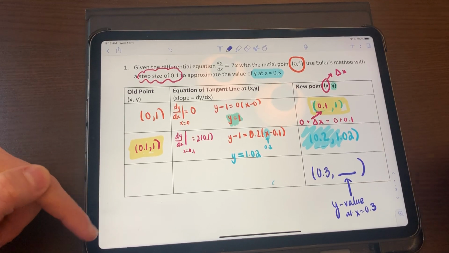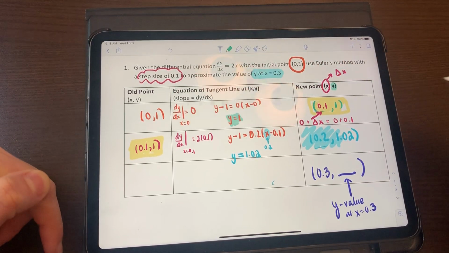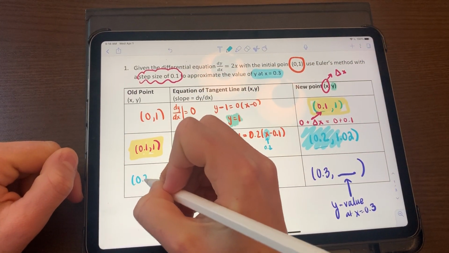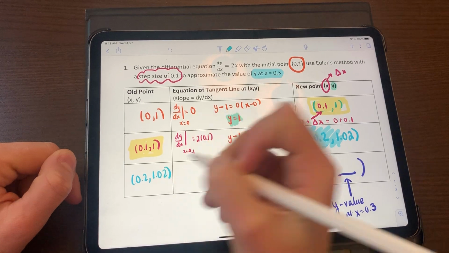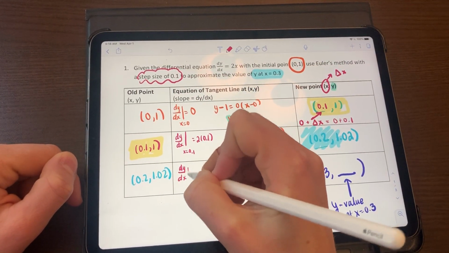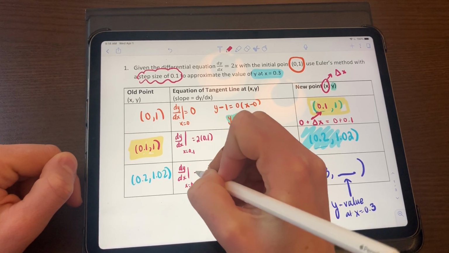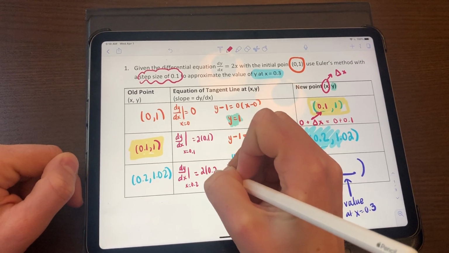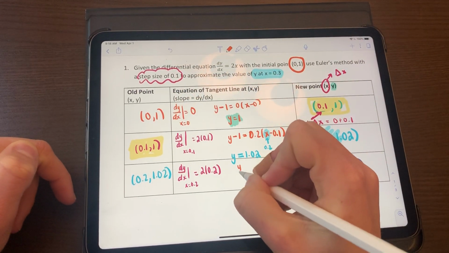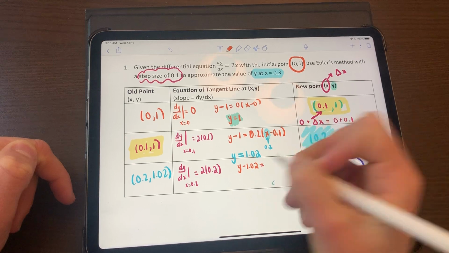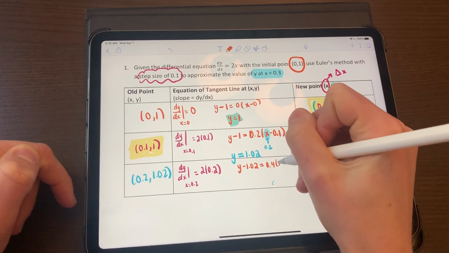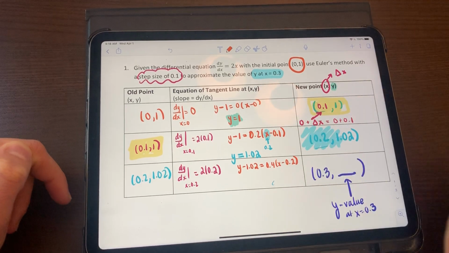So one more time. I'll keep using blue. Our old point now is (0.2, 1.02). So we will take the derivative at x equals 0.2 to get the slope. We will write a tangent line using our old point, so y minus 1.02 equals 0.4 times x minus 0.2.